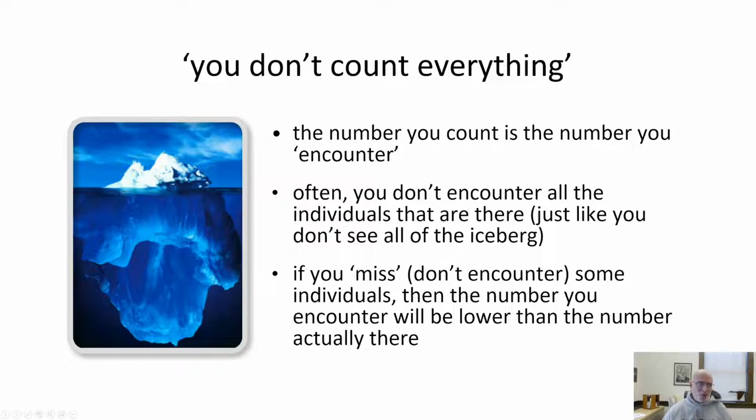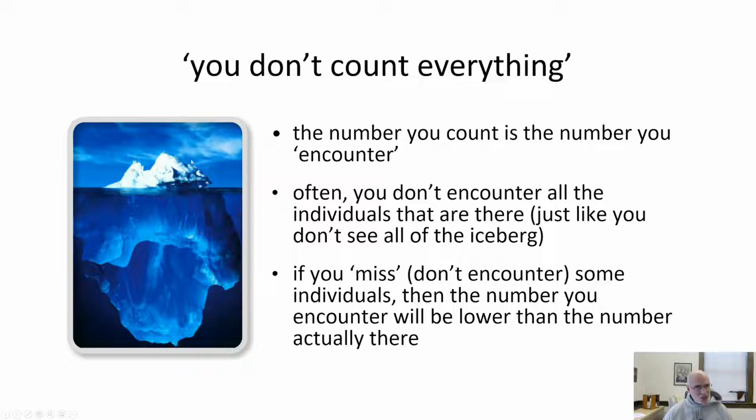Well, here what we see with the iceberg, above the water, we see some of the iceberg, but the vast majority of the iceberg is actually below the water. So why use this picture? Well, this picture is actually a perfect analogy of the challenge with sampling. You go out into a population, and what you encounter, what you see, like here in the iceberg above the water, is only a representation of the whole iceberg.